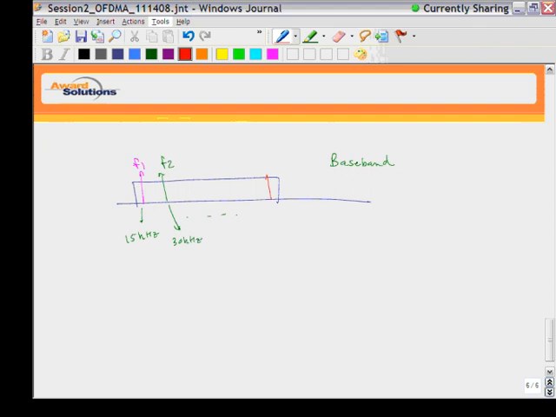If you have the last subcarrier, let's say number 1024, it would have a frequency of about 15 megahertz. So now we are occupying a spectrum of 0 to 15 megahertz, but this is all at the baseband.